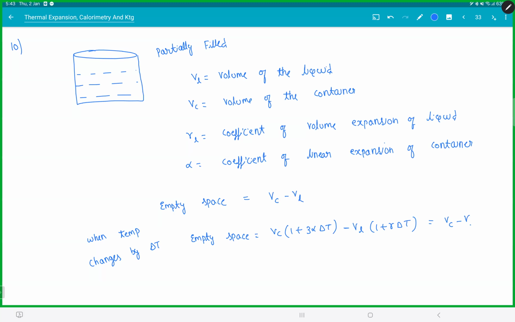That means Vc minus VL stays equal. So you get Vc 3 alpha must be equal to VL gamma. There. If you satisfy this condition, the empty space will remain same. Clear with this?